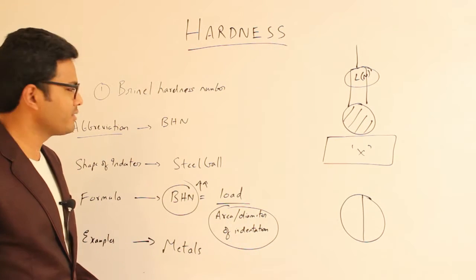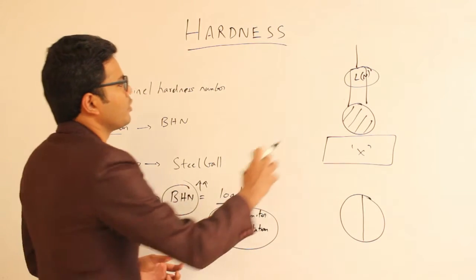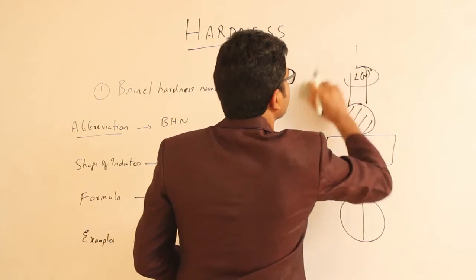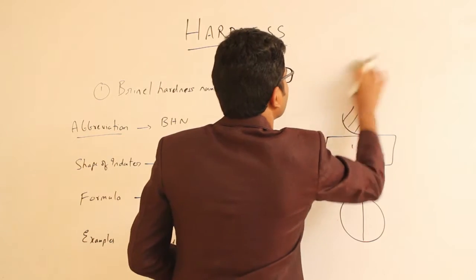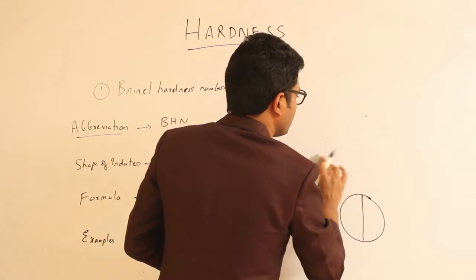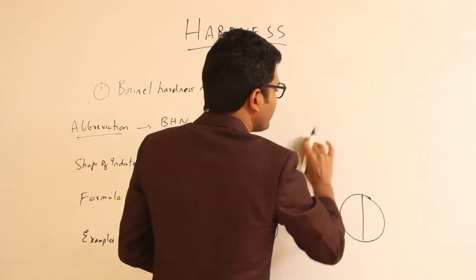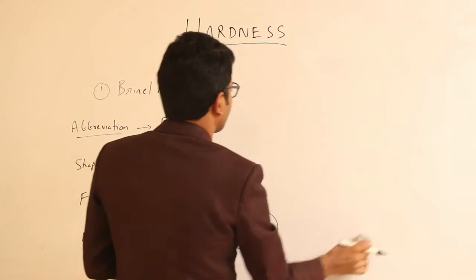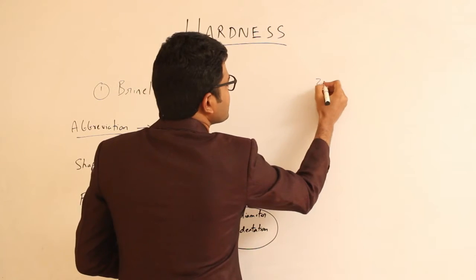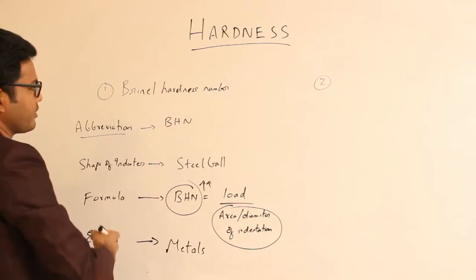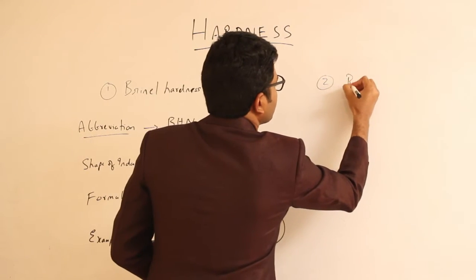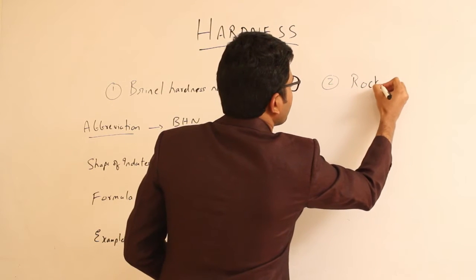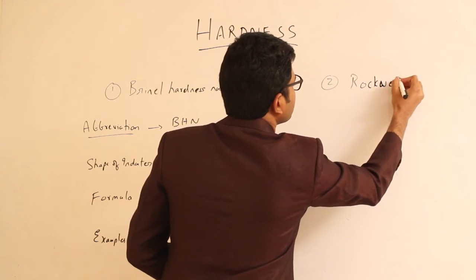Now moving on to the next hardness, that is Rockwell hardness. In Rockwell hardness, the principle more or less remains the same. So now let's discuss Rockwell hardness under the same headings. I'll just briefly write down Rockwell.